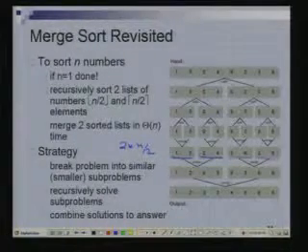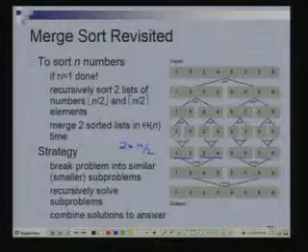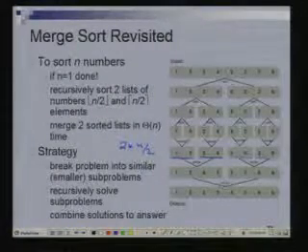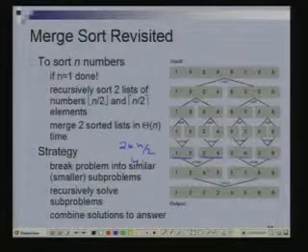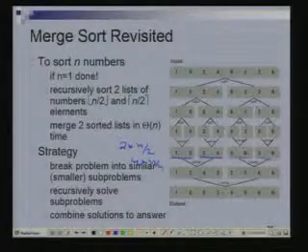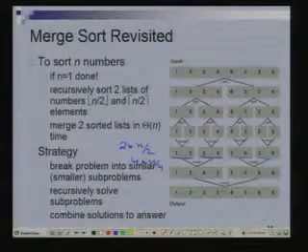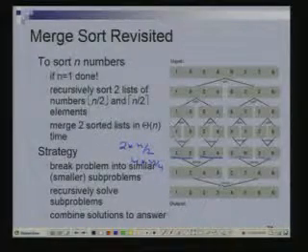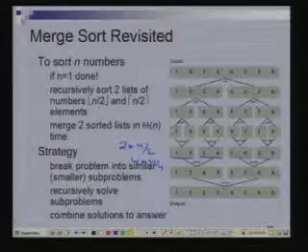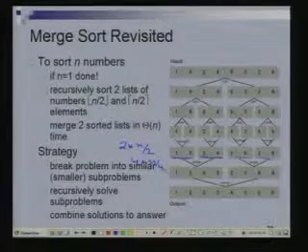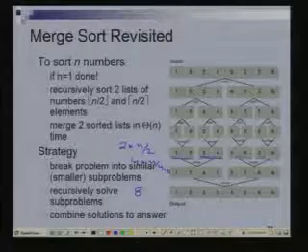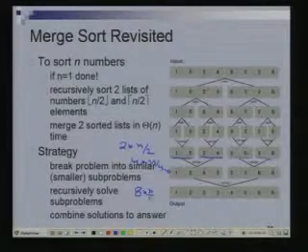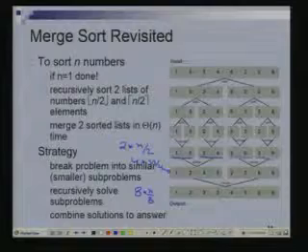Now we are merging these. Each of these merges is now going to take 4 units of time, and there would be n by 4 such merges. The next level would take 8 units of time, and there are n by 8 such merges.